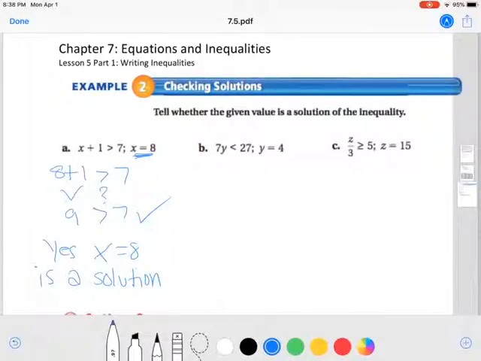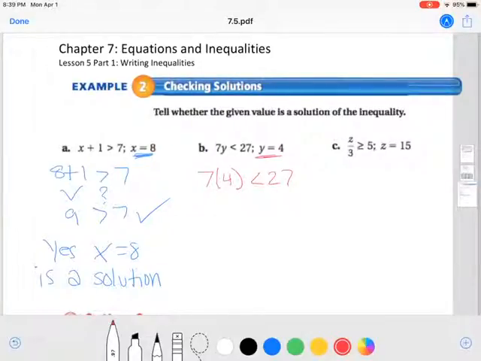All right, let's try B. 7y, and just a little refresher, whenever a number is right next to a variable, that means to multiply. So what that is really saying is 7 times y is less than 27. This time it's telling us that y equals 4. So we have 7 times 4. Is this less than 27?